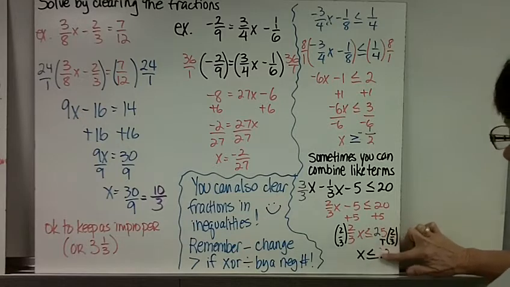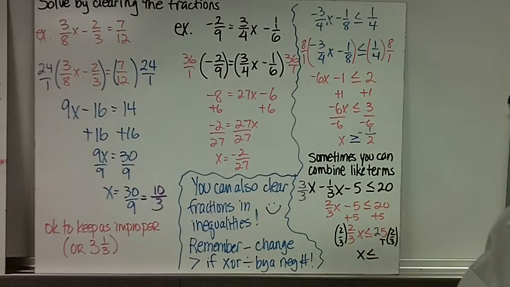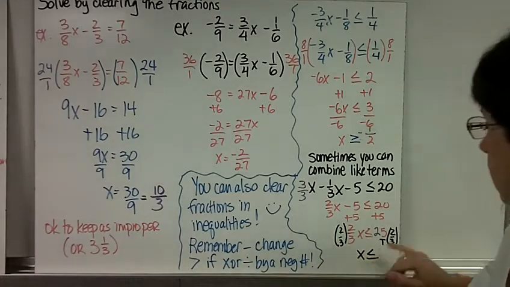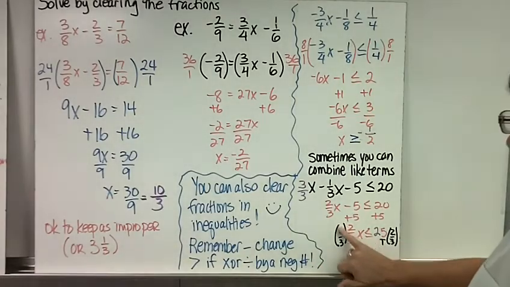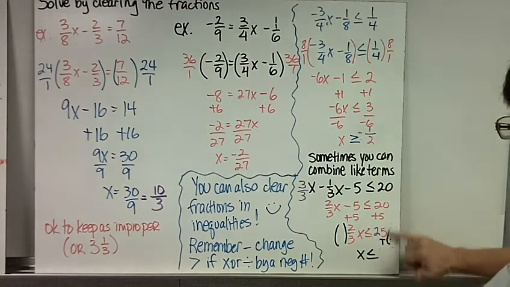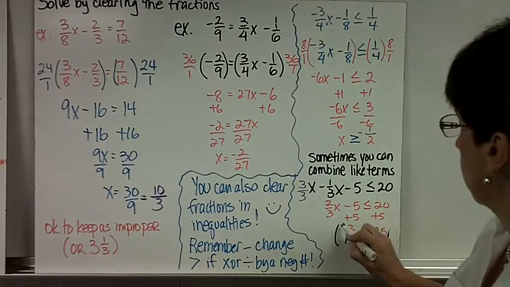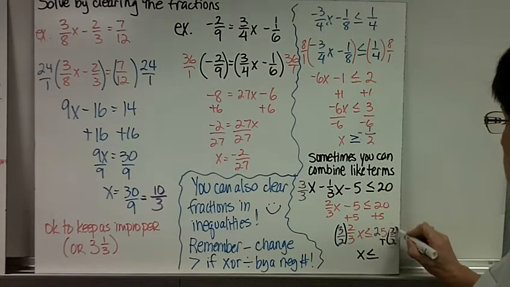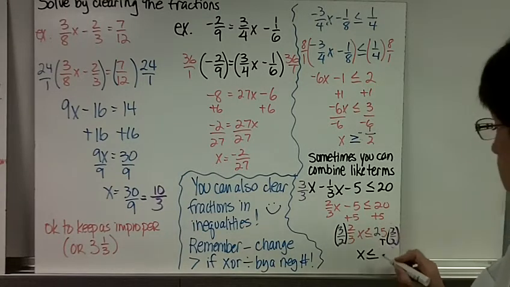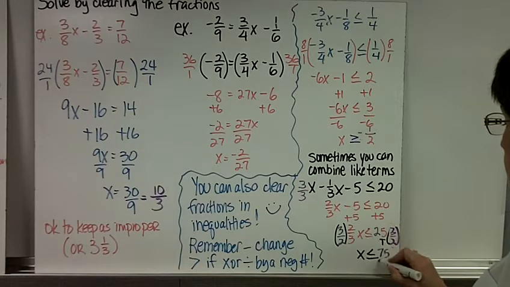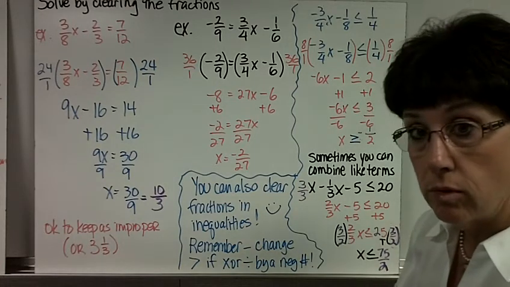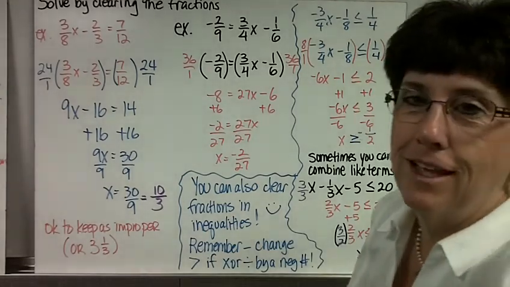Multiply both sides by the reciprocal, 3/2. And 2 does not go into 25, so we just end up with 75/2. But I want you to leave it as improper, okay? All right, that's it.